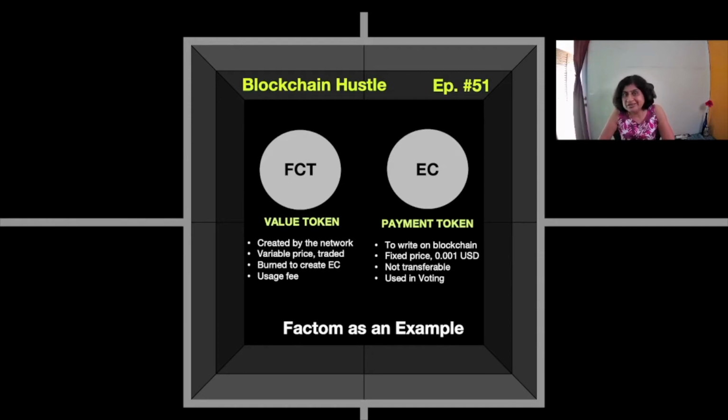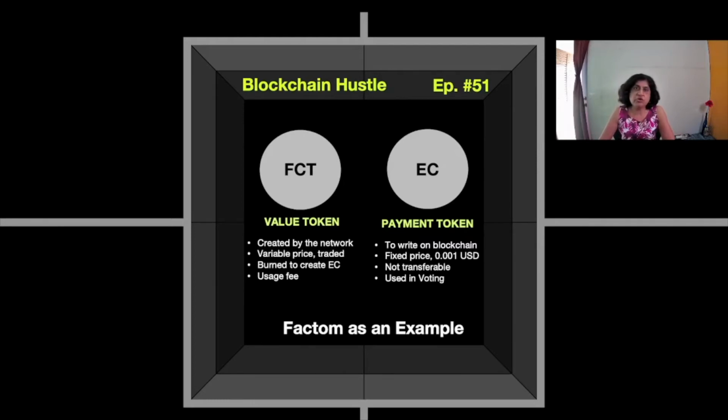So when an EC is created, the software actually checks for the latest conversion rate between a factoid and the EC token. And this rate is set by the oracles, those external data feeds. So this rate is set by the oracle, which checks what is the current trading price of the factoid.